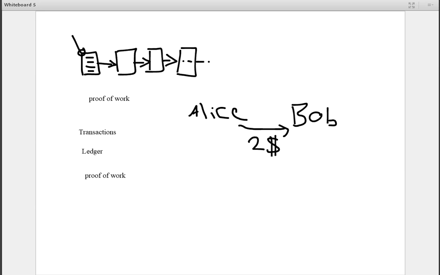If Alice is here in Iran and Bob is, for example, in Iraq, how can Alice send $2 to Bob? One option is sending by post. It's not reliable, it's not so fast.